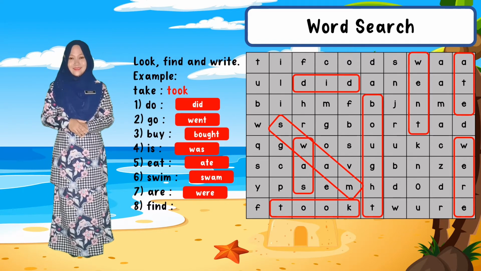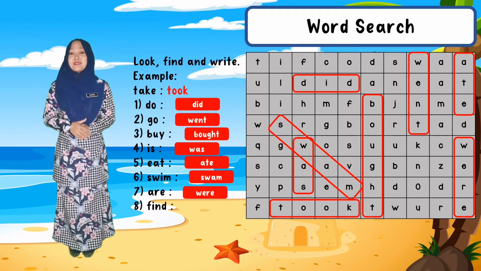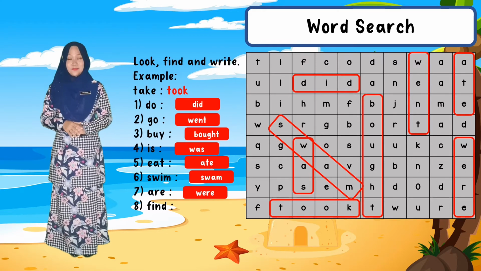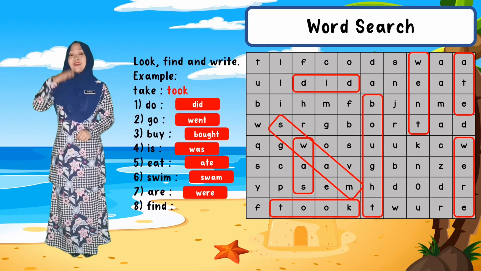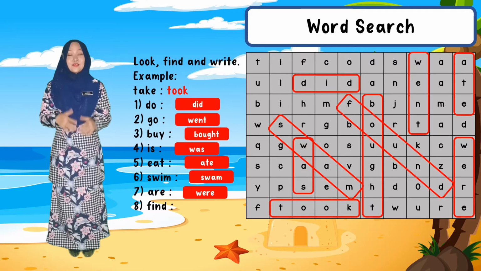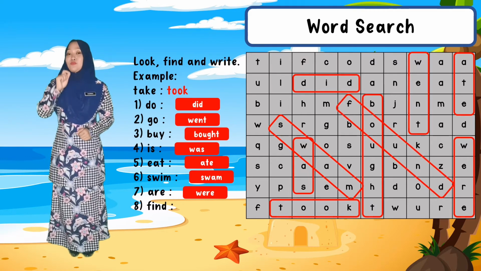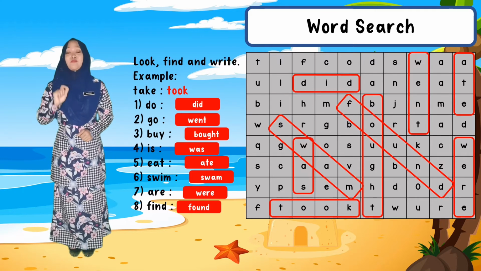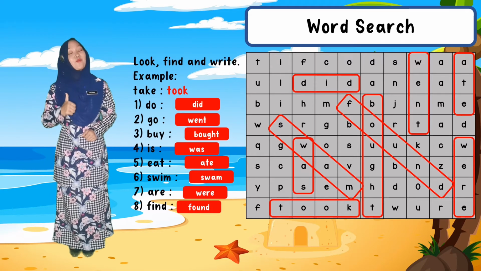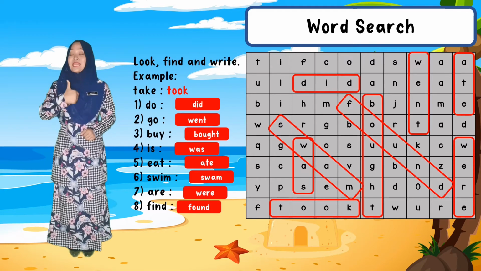Find. Where is the past tense form of the verb find in the word search? It is diagonal down to right. That is found. So, remember to write the correct past tense form of each verb. Again, the past tense form of the verb do is did.